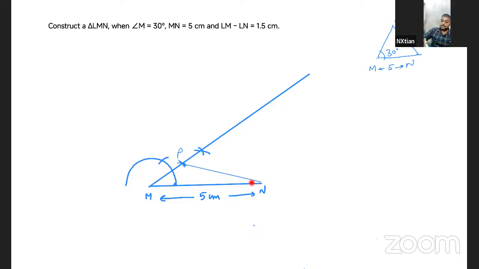How will I make it? I will open the compass more than half, cut, cut, and again more than half, cut, cut. Like this. This will become L. And then I will join this LM. So LMN is the required triangle.